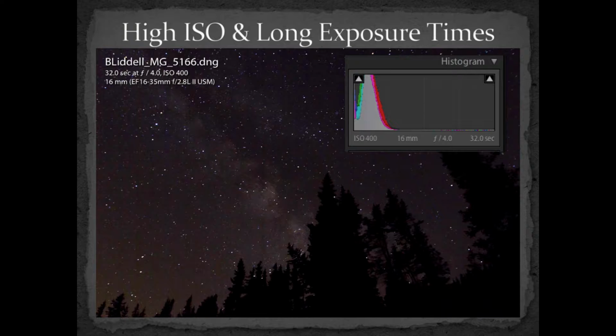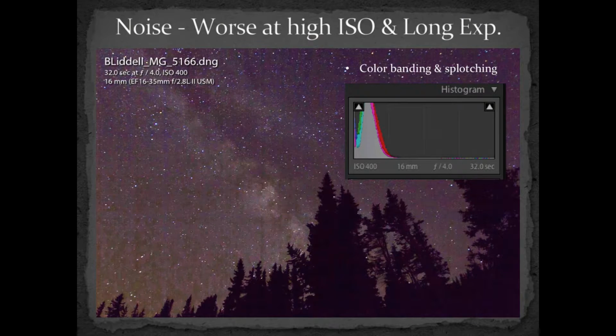And that's because we underexposed it too much. There's just too few levels of luminosity that were recorded to be able to generate a good, clean image. The level of banding and splotching is more noticeable as I further lighten the images in this case.